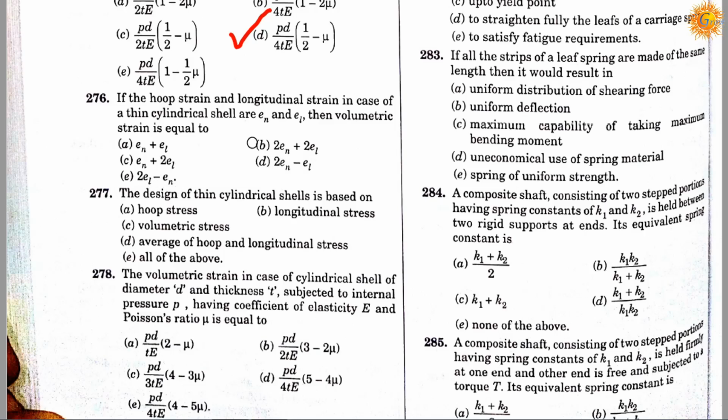Correct answer is B. It will be 2en plus 2el.